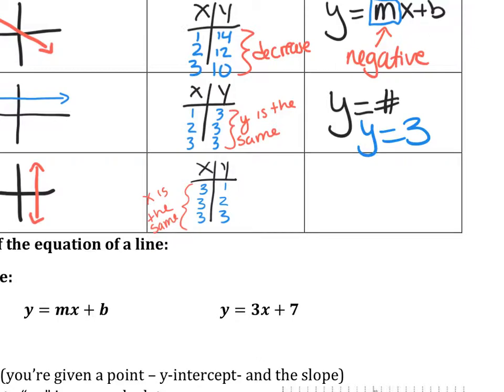And then since a vertical line just has the same x value, for the equation it would be x equals a number. So like x equals 3. So when there's no y at all, and it's just x equals a number, that is a vertical line.